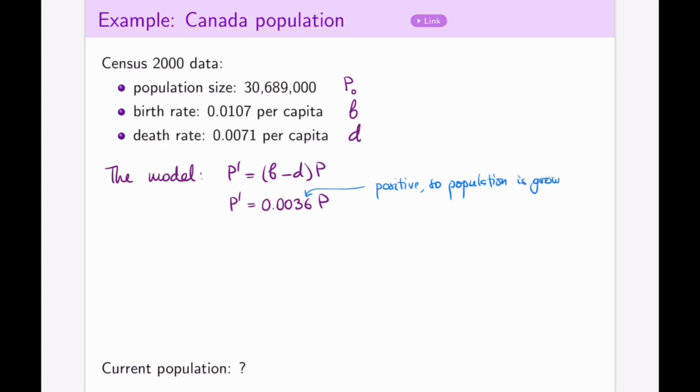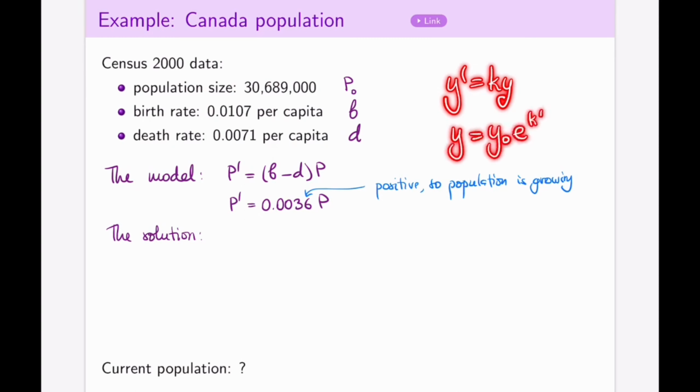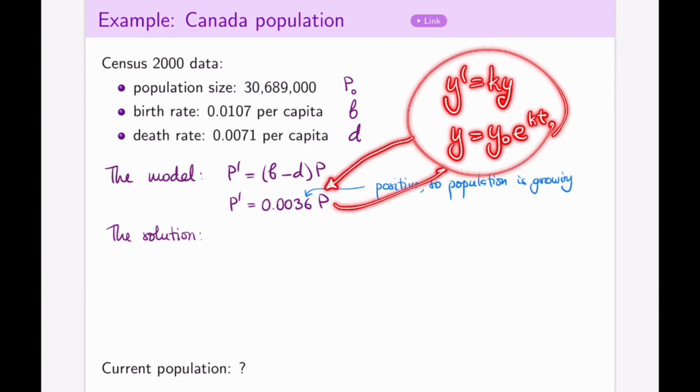The other thing to notice, of course, is that this differential equation is exactly in the form of the equation whose solutions we've just discussed. That means that I can immediately come up with the solution to this equation. y prime equals ky, remember, meant that the solution was y naught e to the power kt. And so in a very similar manner, I will just match this equation to the corresponding solution in this format.